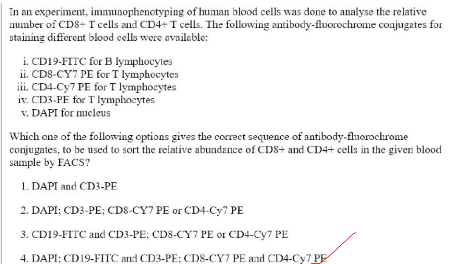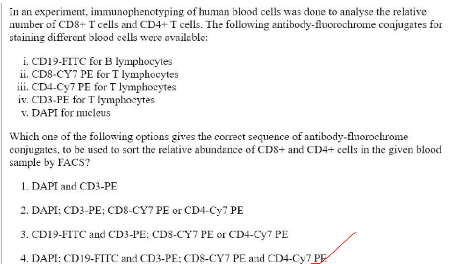Then the next one. In an experiment, immunophenotyping of human blood cells was done to analyze the relative abundance of CD8 plus T cells and CD4 plus T cells. The following antibody fluorochrome conjugates for staining different blood cells were available. For B lymphocytes, CD19 FITC was available.